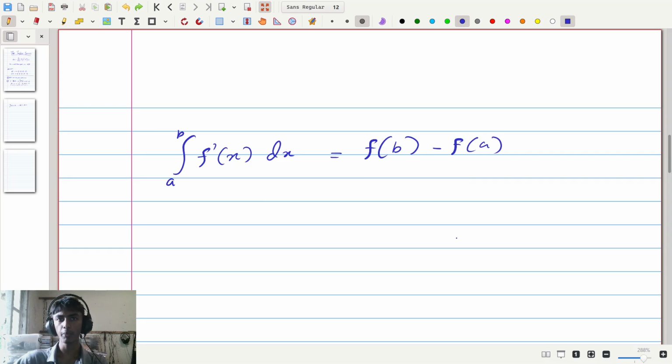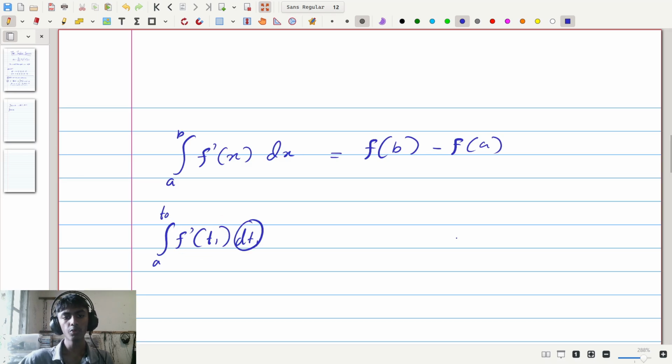So for our first lemma, what we are going to be doing is considering the integral from a up to some value which I am going to be labeling as t0. You'll understand why, it's because of the way that I'm doing the proof. These symbols are going to be intuitive and useful. So the integral from a to t0 of f prime of the variable which I'm going to call t1, dt1. So we integrate f prime of t1 with respect to t1 as t1 goes from a up to t0.